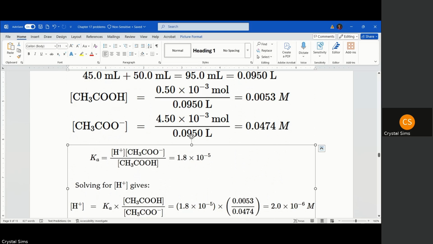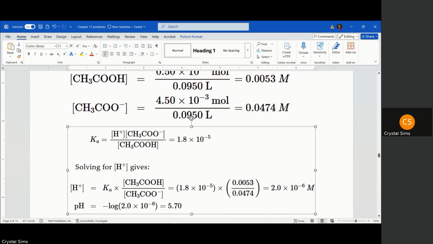So we're going to rearrange our equation to solve for that. When we do that, we end up multiplying our Ka times the ratio of our acetic acid and acetate molarities, and we end up with a hydrogen ion concentration of 2.0 times 10 to the negative 6. Take the negative log of that. Our pH is 5.70.